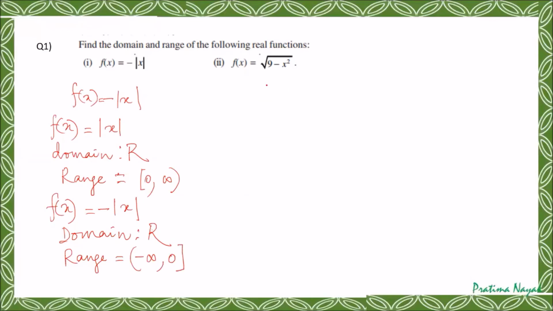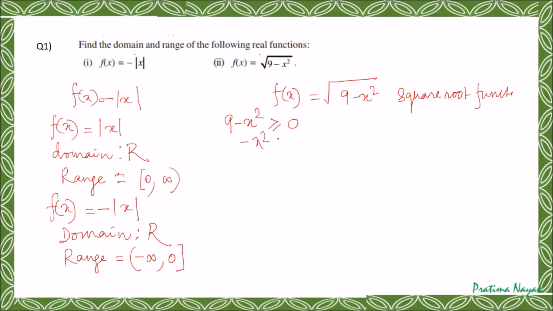Now coming to the second one, f(x) is equal to the square root of 9 minus x square. This is a square root function. For a square root function, if you recall, you have to see what is under the root. It should be non-negative. That means 9 minus x square should be greater than or equal to 0. This is the first condition for the square root function. So minus x square should be greater than or equal to minus 9, which means x square should be less than or equal to 9.